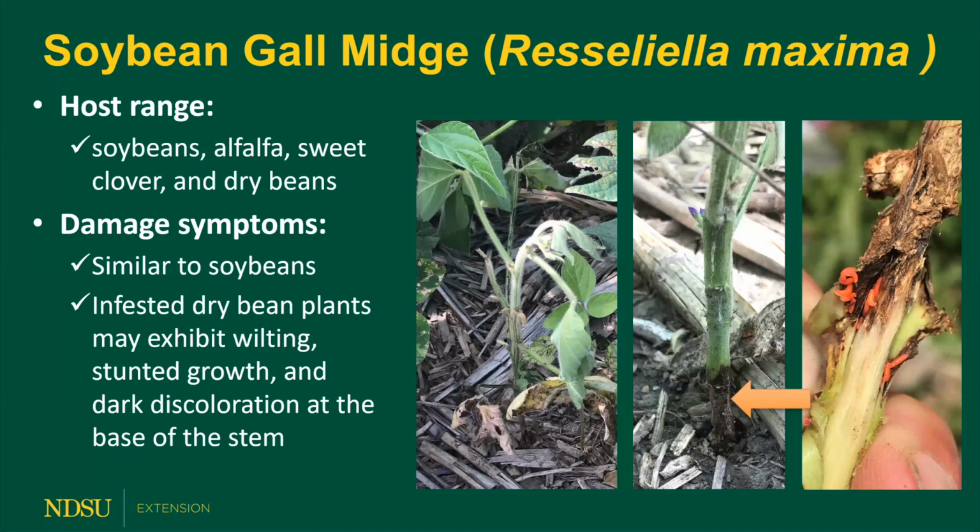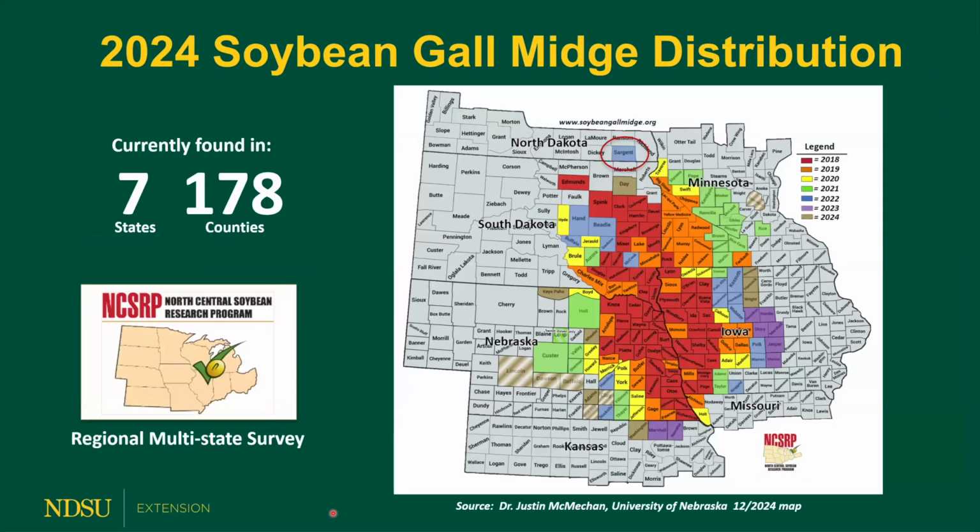But if you take your fingernail, it'll easily scrape away, and you can see the orange colored larvae, or they can be white if they're younger. So that's what you need to do if you see this in your bean field.